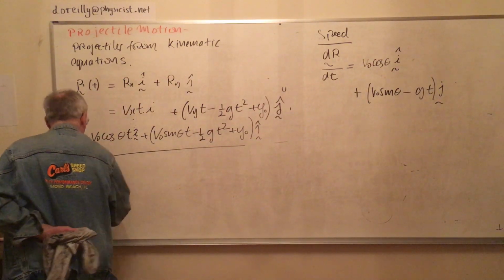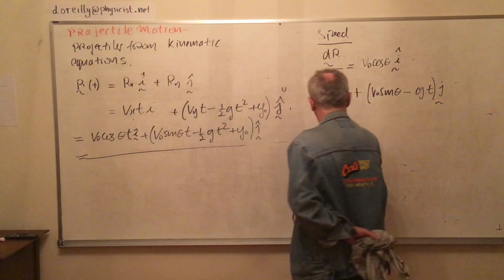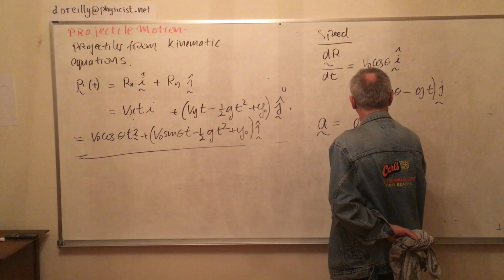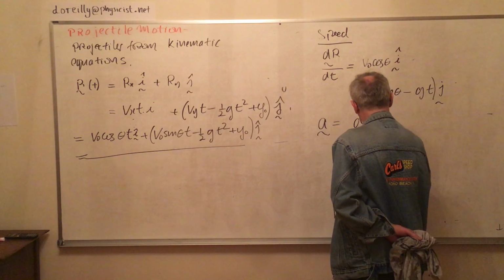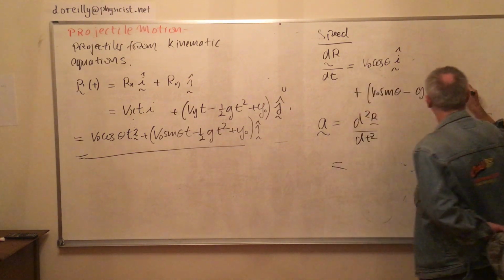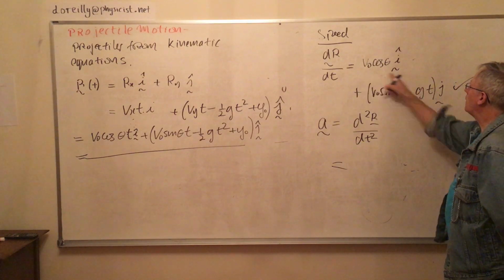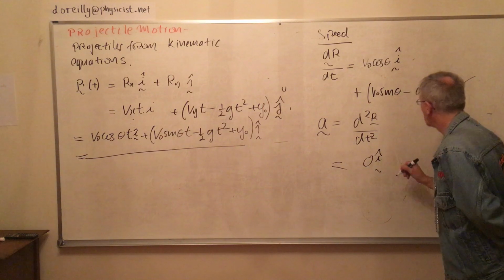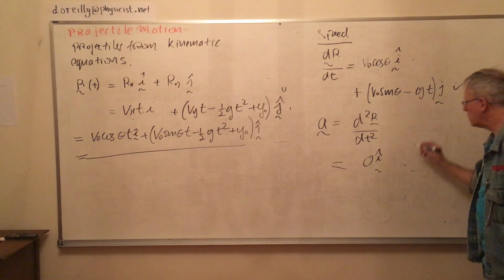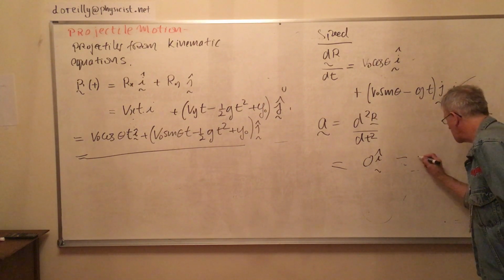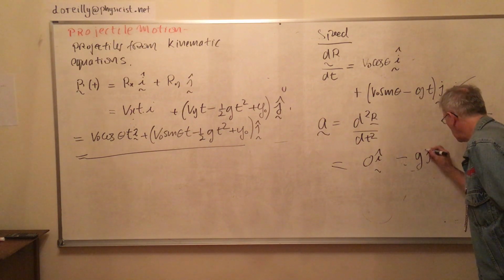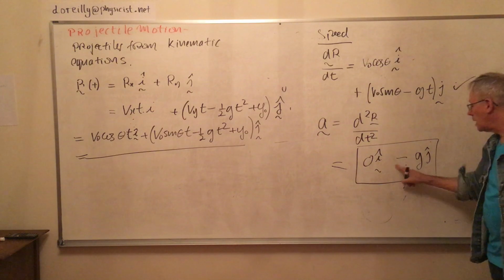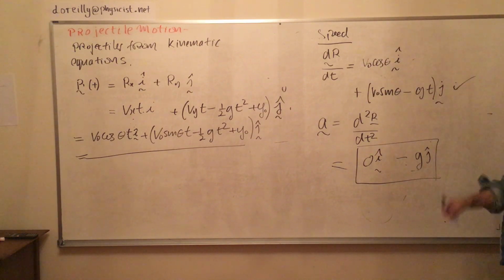And the acceleration is the derivative of this guy. Derivative of this guy with respect to time is 0 in the i direction. The derivative of this with respect to time is just negative g j. And that's the way it should be. There is only one acceleration, the acceleration due to gravity, which is vertical.